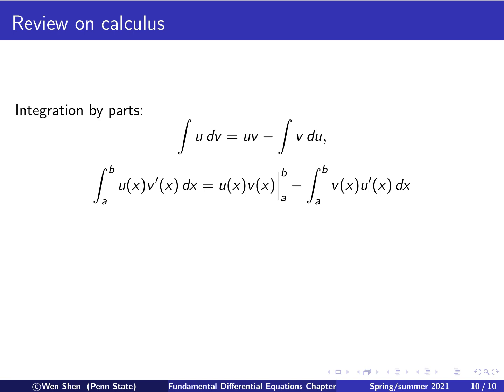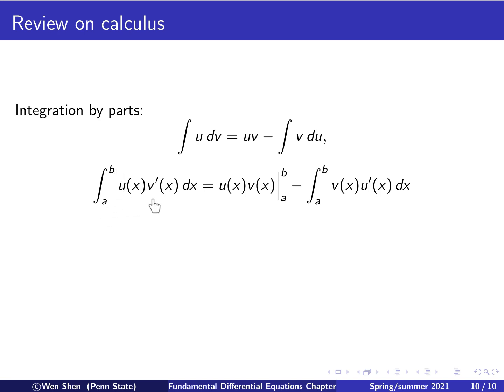Integration by parts, which is also very useful for these differential equation topics. Okay, so integral of u dv is u times v minus integral of v du. And for u and v functions of x, we can write it out even as a definite integral from a to b.